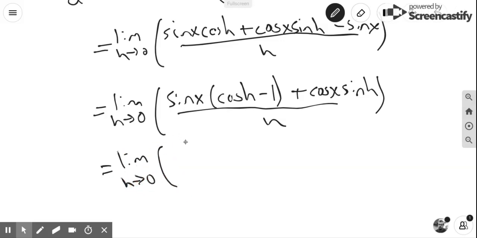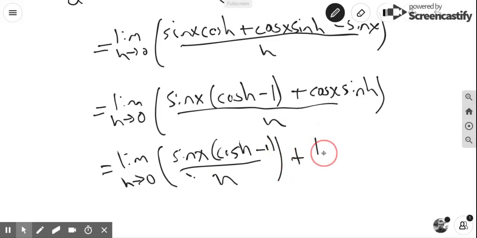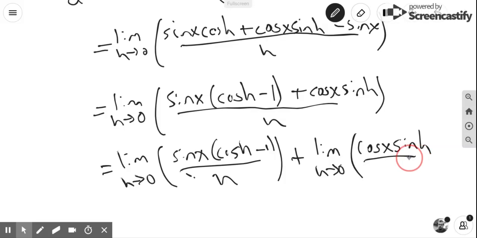So the first part is sine of x times cosine h minus 1, over h, and then the separate limit, as h approaches 0, of cosine x sine h all over h.